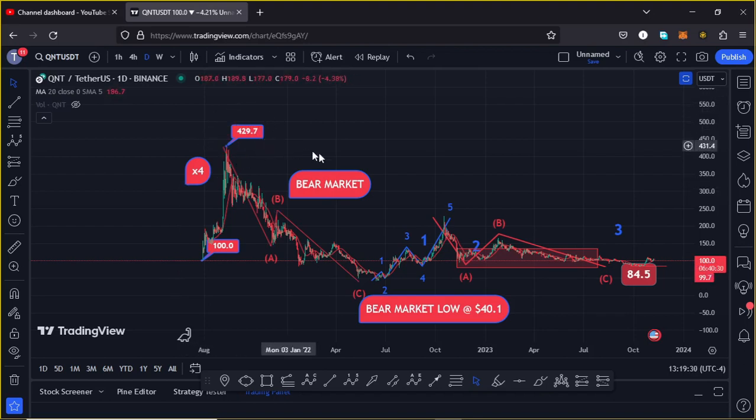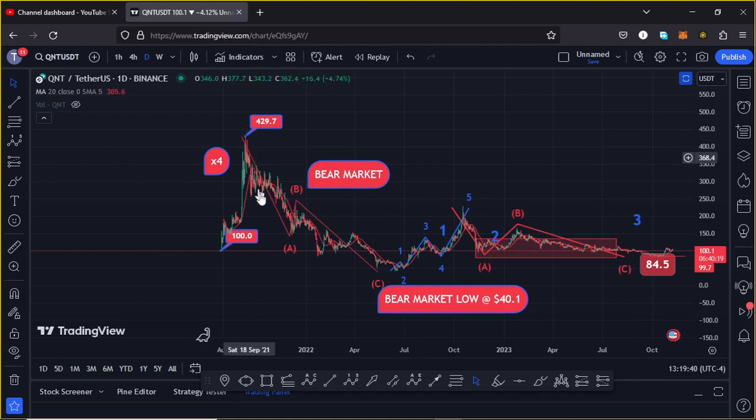After the all-time high, we started a bear market where we had been correcting to the lower side in this ABC corrective structure, giving me a bear market low at around the $40.1 mark.